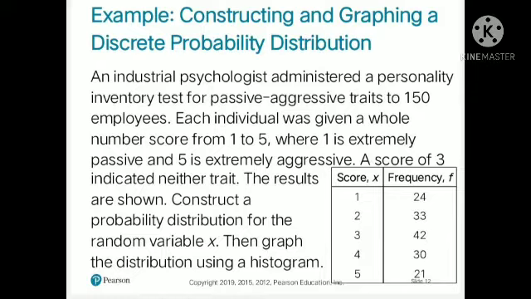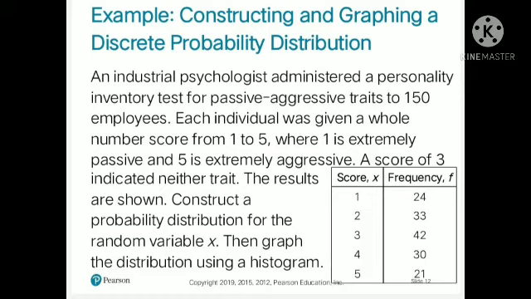So this is an example. An industrial psychologist administered a personality inventory test for passive-aggressive traits to 150 employees. Each individual was given a whole number score from 1 to 5, where 1 is extremely passive and 5 is extremely aggressive.